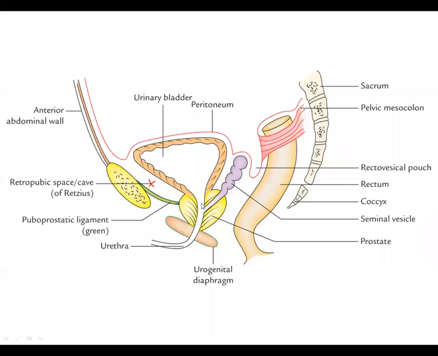So the urine will be evacuated from this urinary bladder into the urethra, and the sphincter is situated inside the wall of the urethra. Like in case of the pylorus of the stomach, there is a sphincter at the end of the stomach, but in case of urethra, there is no sphincter here. Okay, so it is situated in the wall of the urethra.